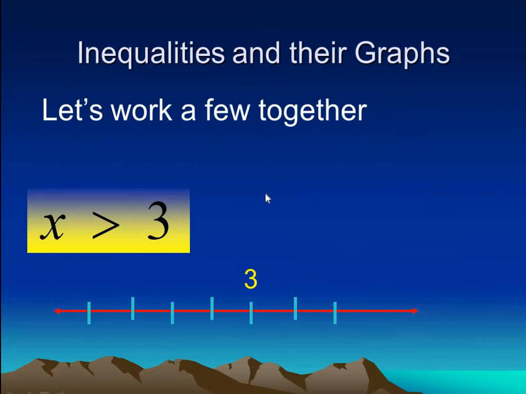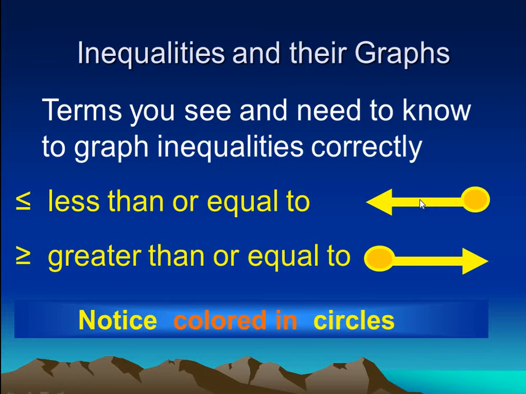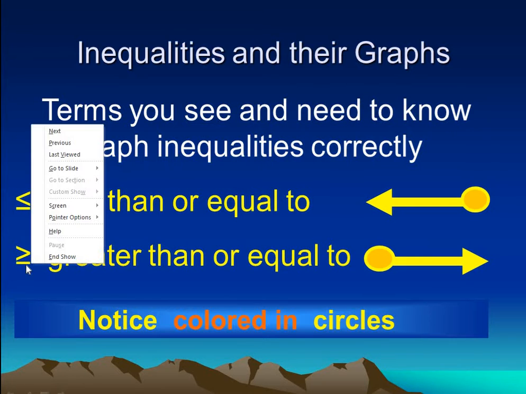So if you see this graph, an arrow with an end circle which is solid, which is filled, not an open circle, you will notice that your inequality will have an equal sign.